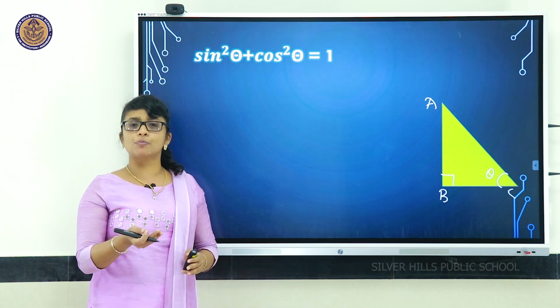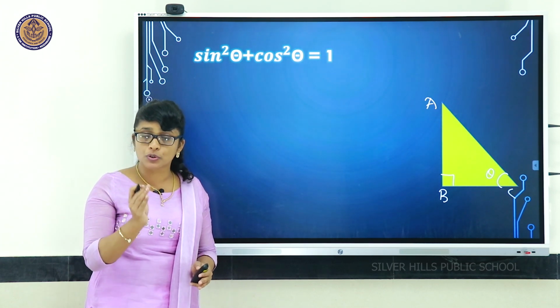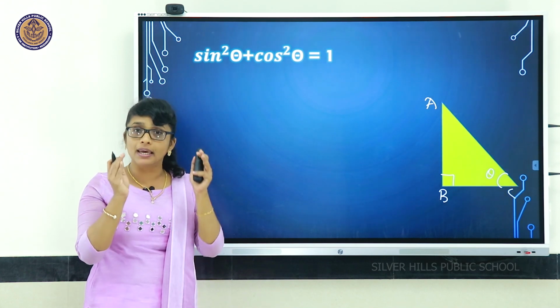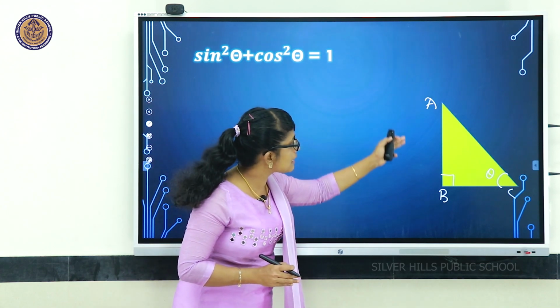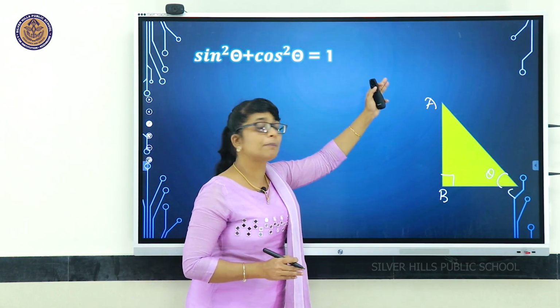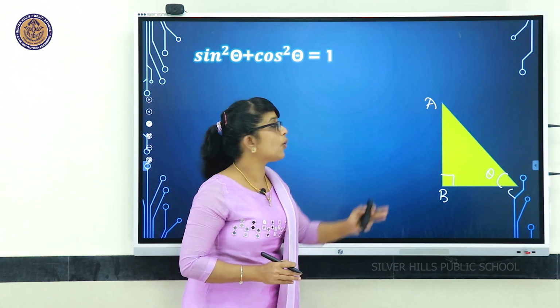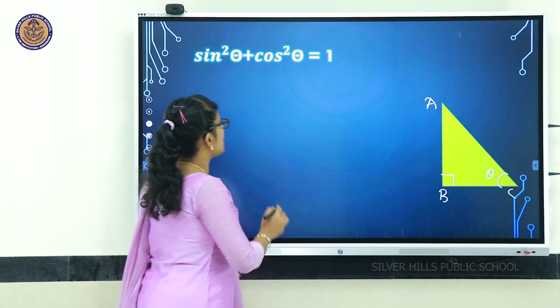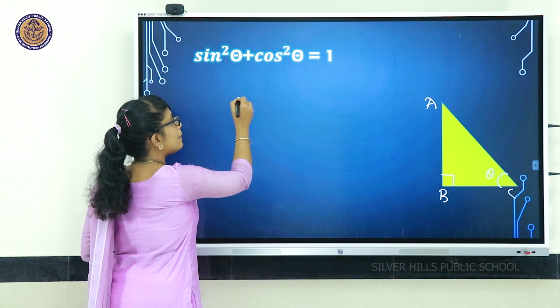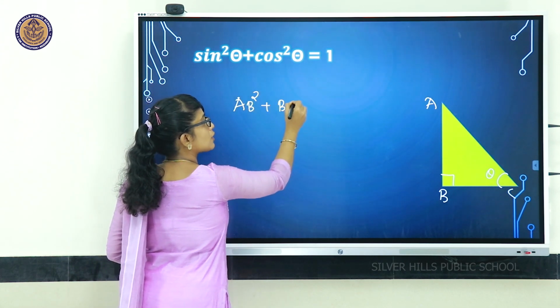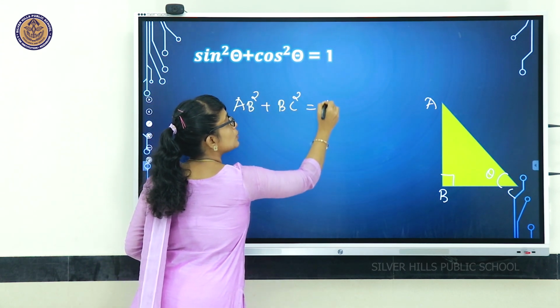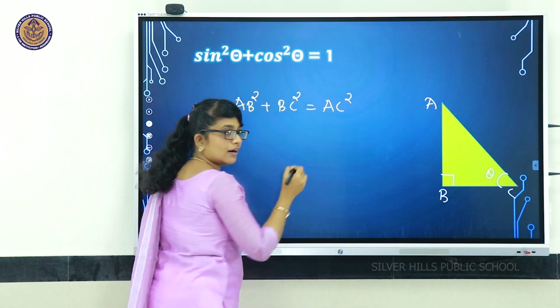What is the Pythagoras property? Hypotenuse square is equal to base square plus altitude square. Here base is BC and perpendicular or height is AB. Then we can write AB square plus BC square equal to AC square.